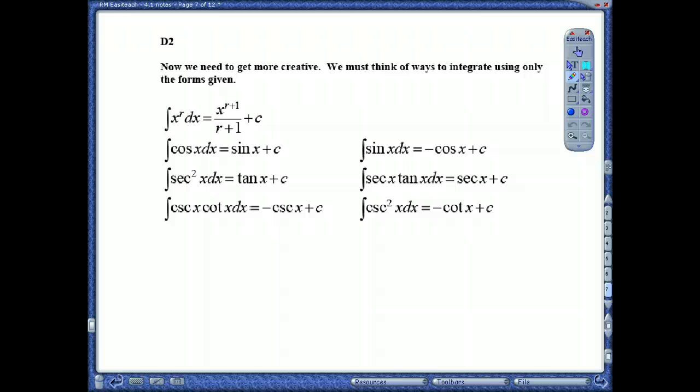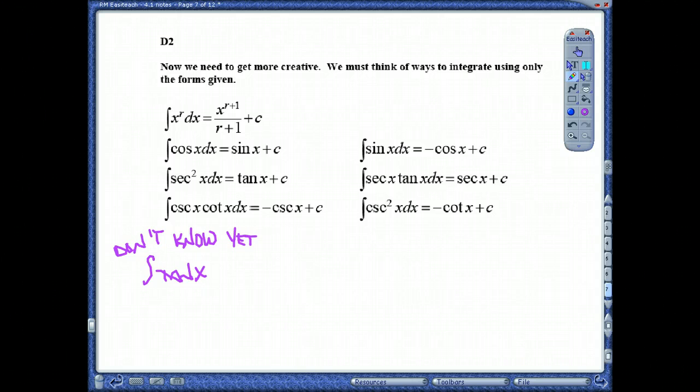Now we get into a problem. The derivative of tangent is secant squared, so I will only know how to find the integral of secant squared. At this moment in time, I do not know how to find the integral of tangent. We just don't know yet.